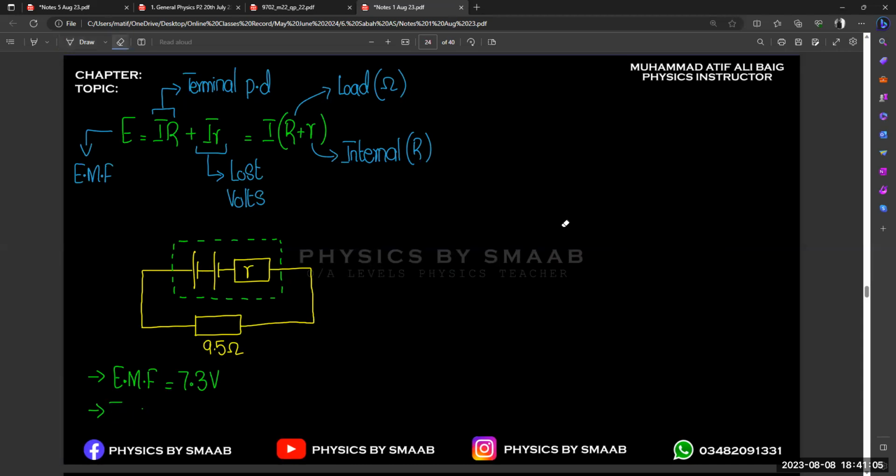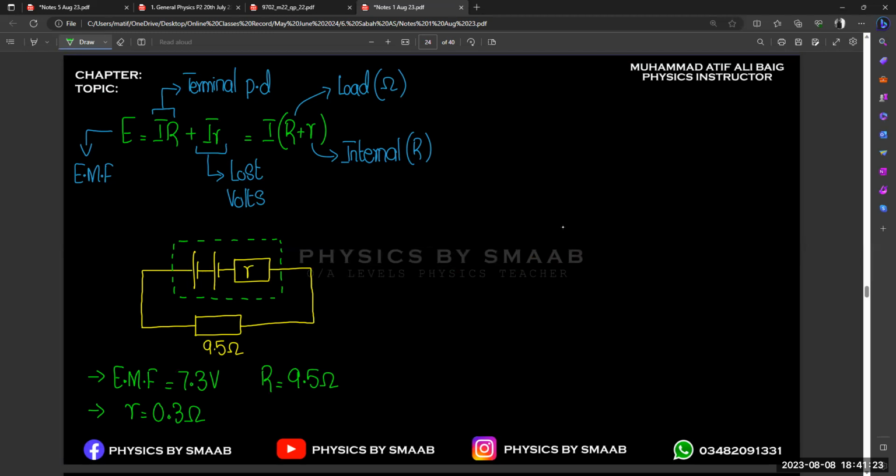Sorry, it is not terminal, it is internal resistance. I am writing it with the small r. Right, so this is the value.